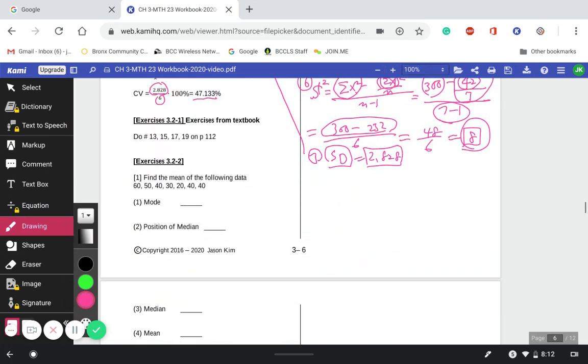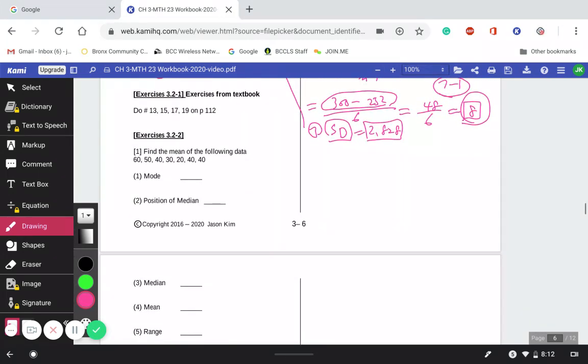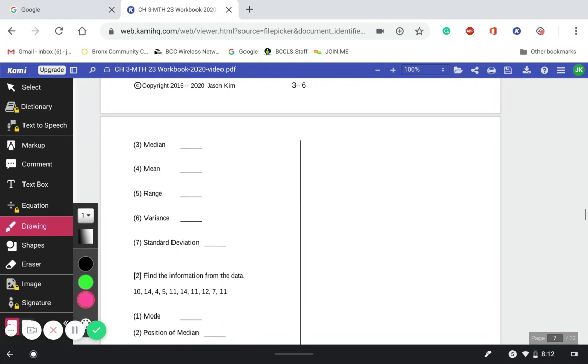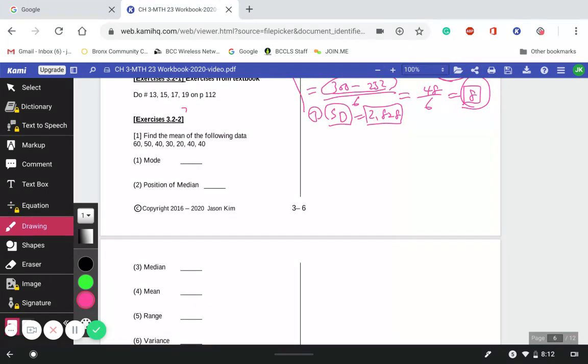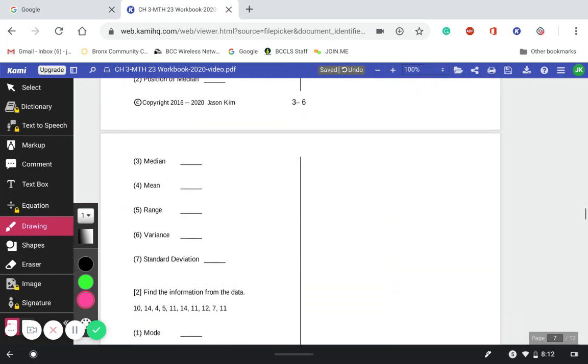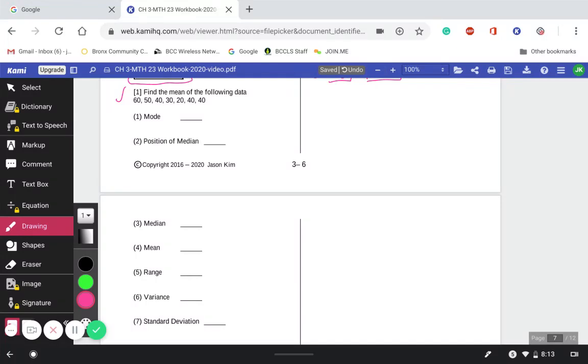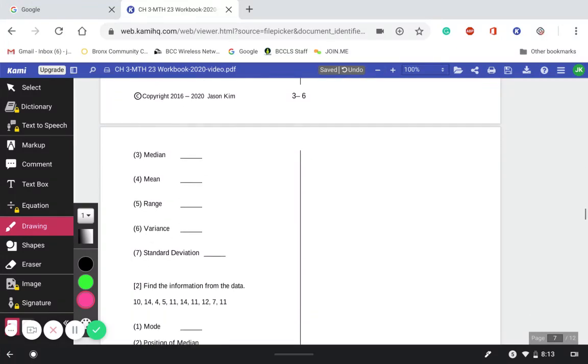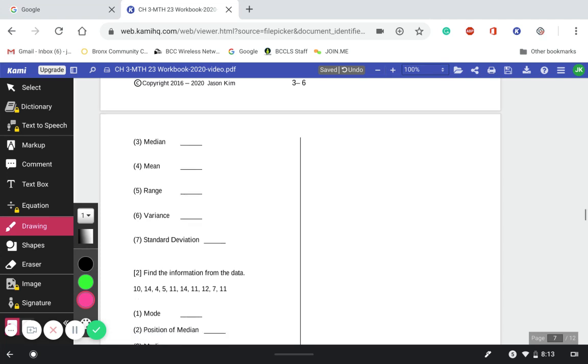So that was one example, and then I have some exercises. So this will be a homework. Do this exercise for number 1, which is getting a mode, position of median, mean value, range, variance, and standard deviation.